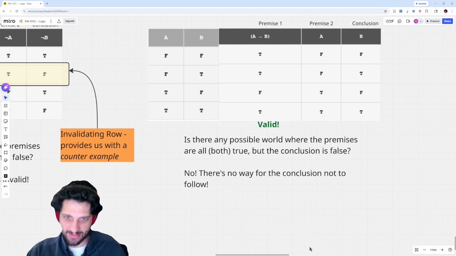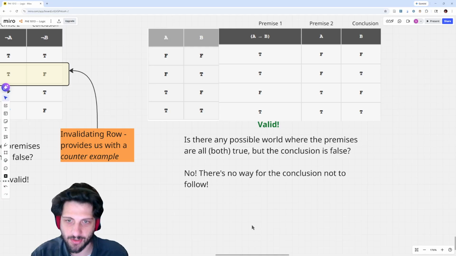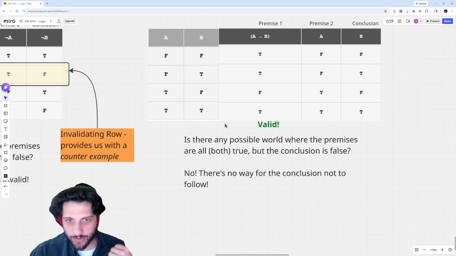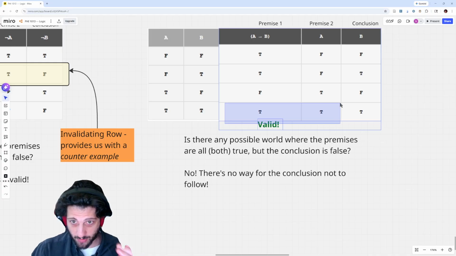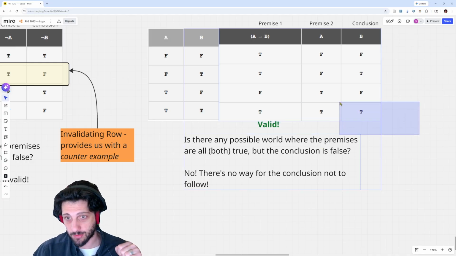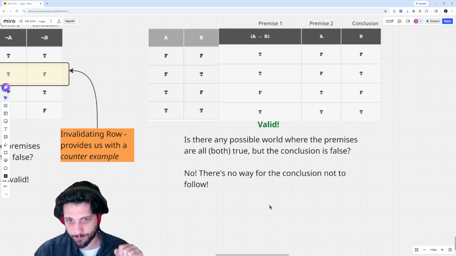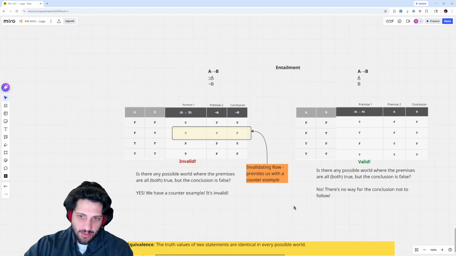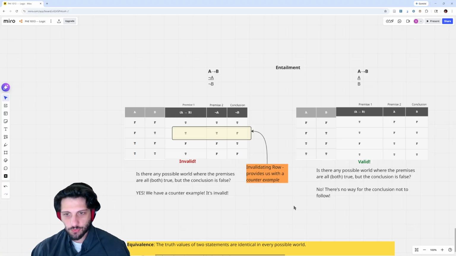We're guaranteed to believe that conclusion based on those premises. The idea is, if we could verify that we're living in a world where the premises are both true, boom, we would know we're living in a world where the conclusion is also true.